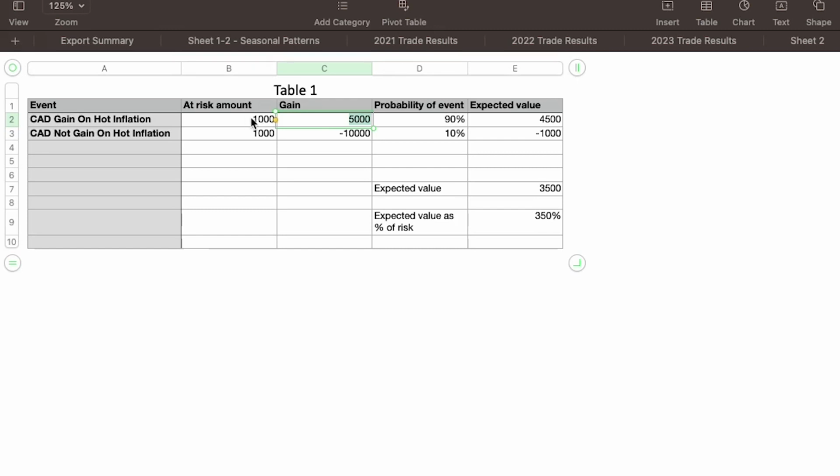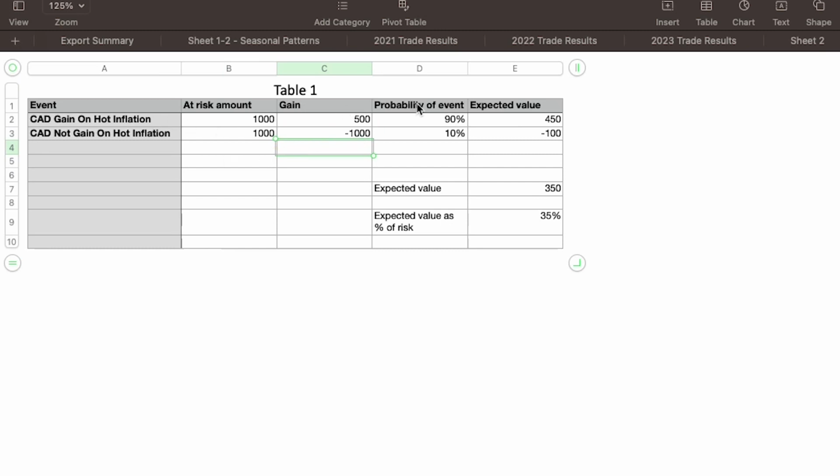Let's say less than what I risked. So say I risk 1,000, and I'm expecting to gain only half of what I risked, 500. And say that if the CAD doesn't gain on hot inflation, I'm completely wrong with the trade and I lose everything that I risked. So I risked 1,000 and I lost everything.